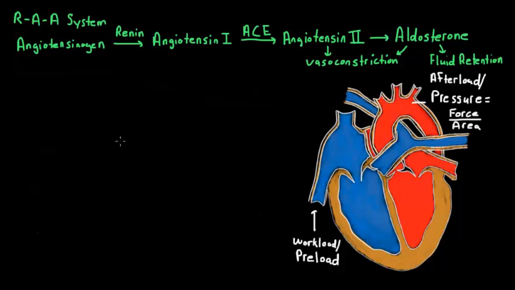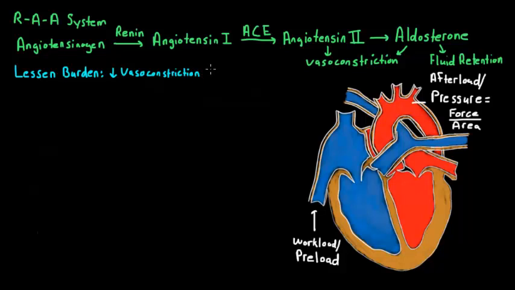Okay, so let's talk about some of the different medications that we're going to use. Let's set up a table here for all the medications that are going to help us lessen the burden on the heart. For one, we're going to work on vasoconstriction. It's a long word, vasoconstriction.